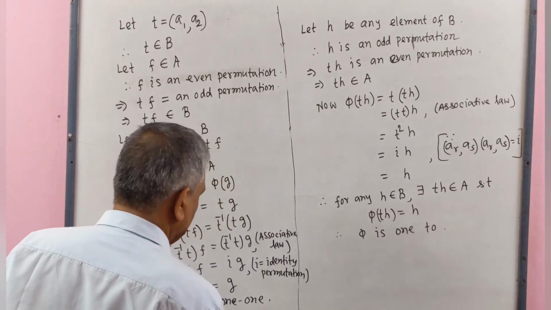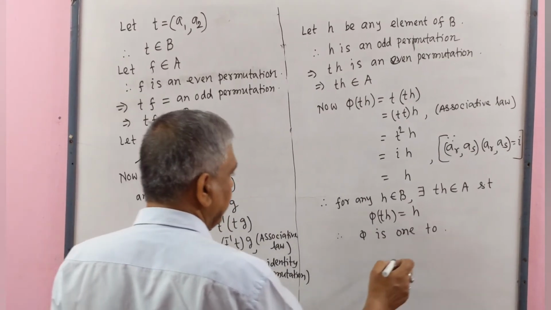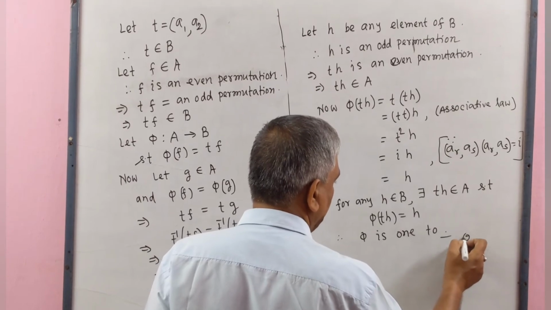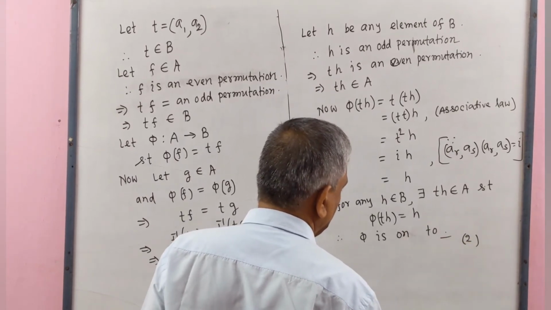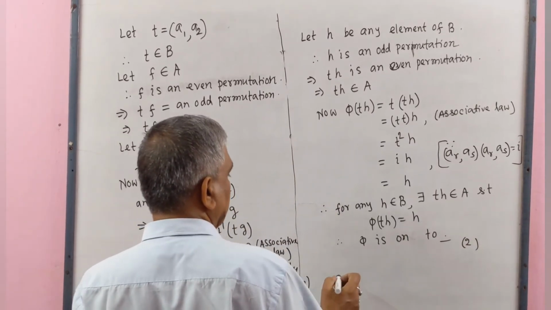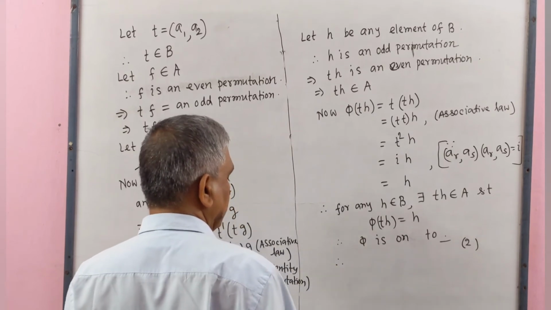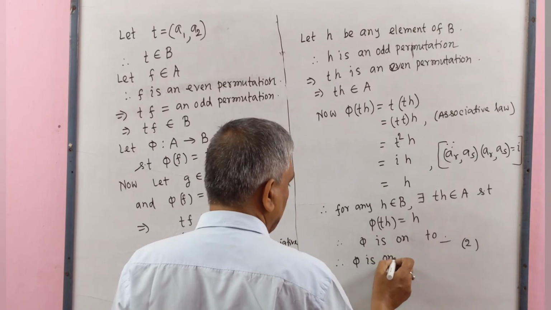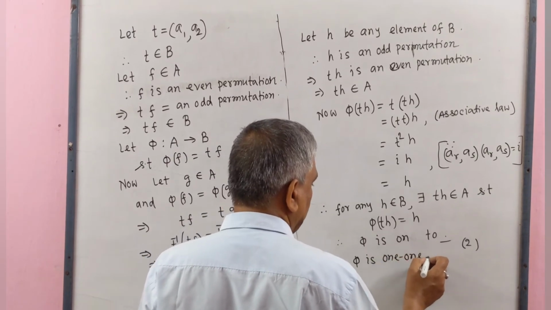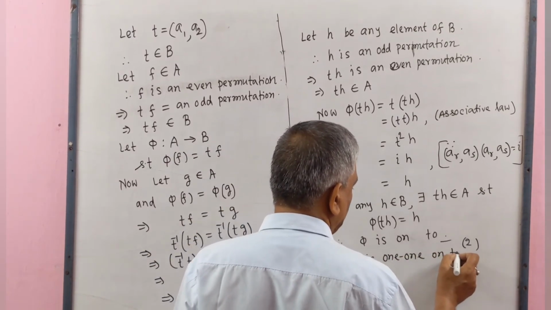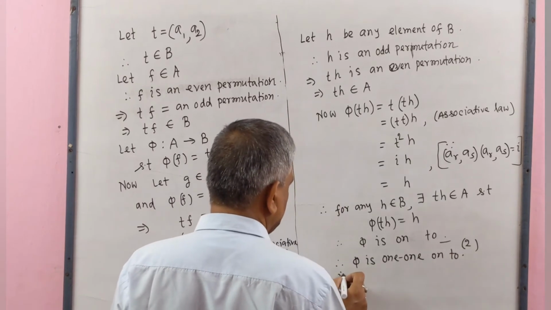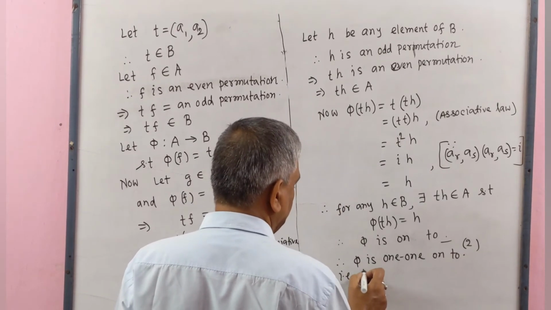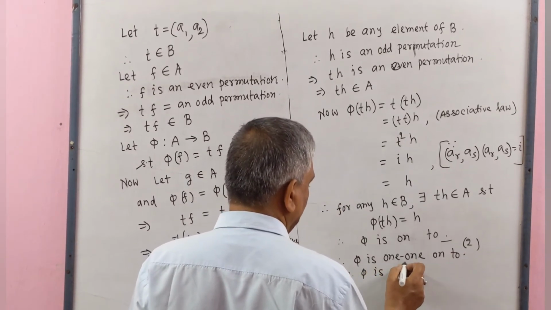Here in number 1 phi is 1-1, in number 2 phi is onto. Therefore, phi is 1-1 onto, that is, phi is a bijective mapping.